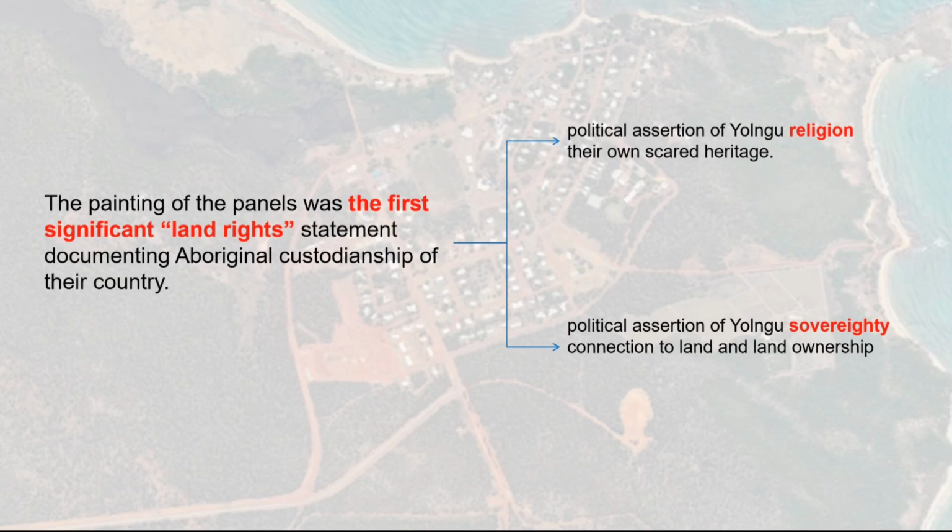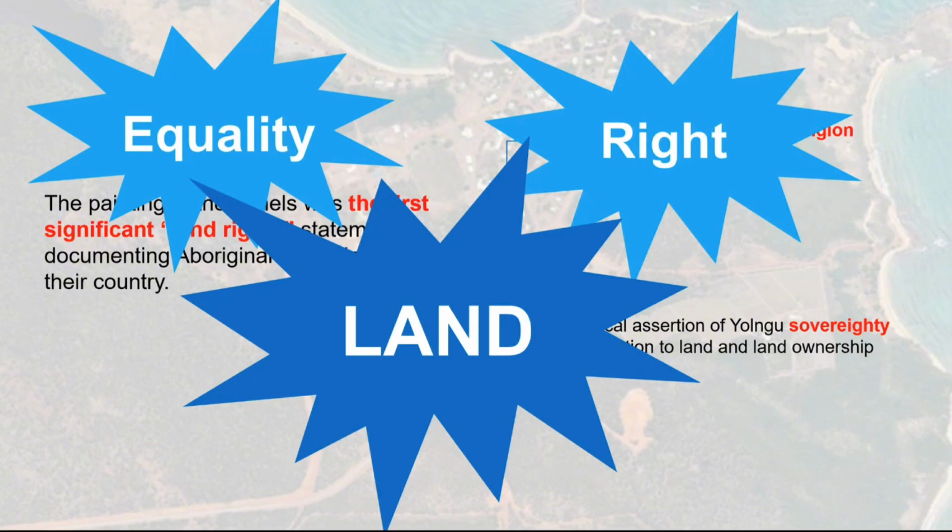There are two important keywords, religion and sovereignty. So, based on those two important fields, we can conclude that equality and rights are noticed and attract great importance too. Because they want to protect their land.